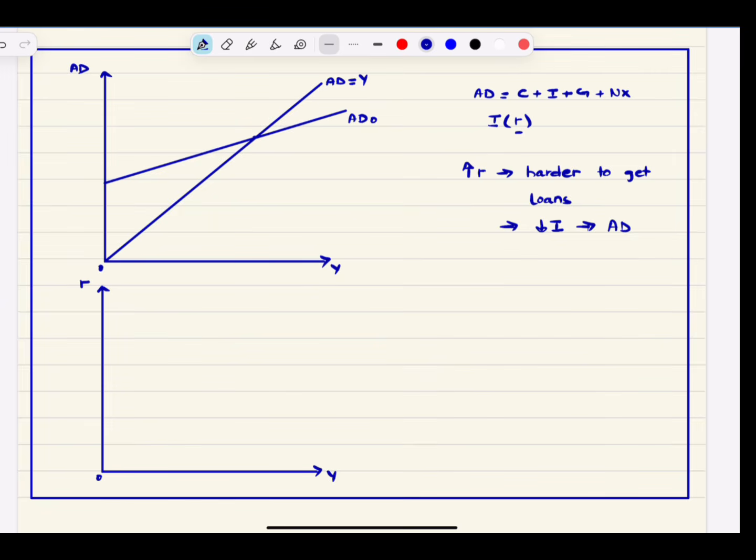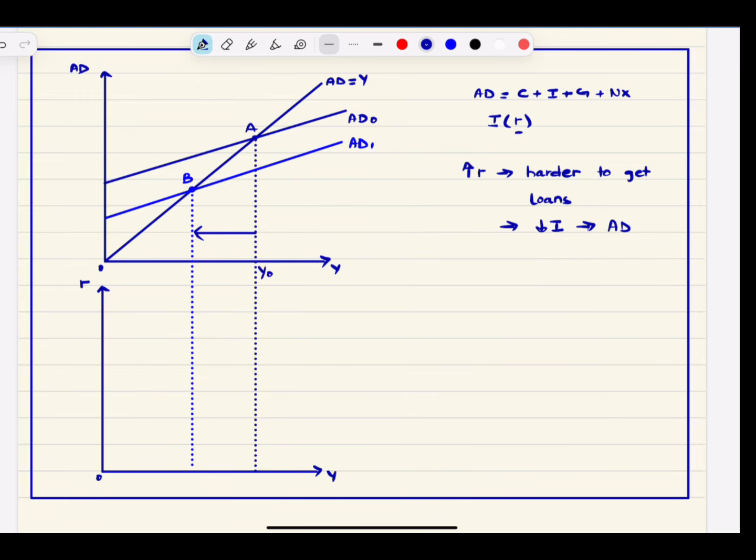So from an equilibrium point A, we're going to end up with another equilibrium right below it. The aggregate demand curve shifts downward and we are at point B. We can take this down and show that there's been a fall in output because of a rise in the interest rate.